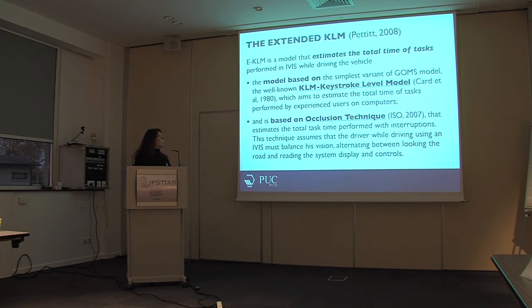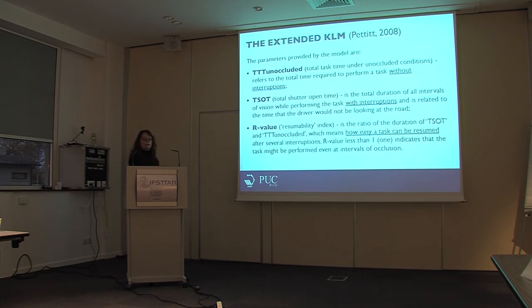This second technique assumes that the driver, while driving, using an in-vehicle system must balance his vision, alternating between looking at the road and reading the system display and controls. So these models use 3 parameters. The first one is the total task time under an occlusion condition, that refers to the total time required to perform tasks without interruptions.